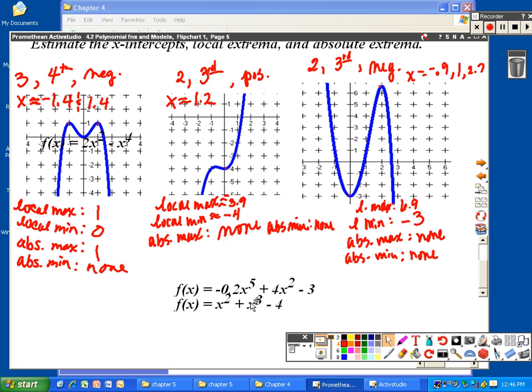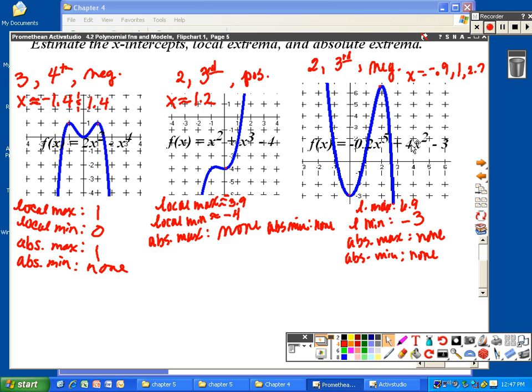That would have to be this one. Now this has a 5th degree. We could go higher than 3, and we're going to have to in this case. So you see how all these will work?